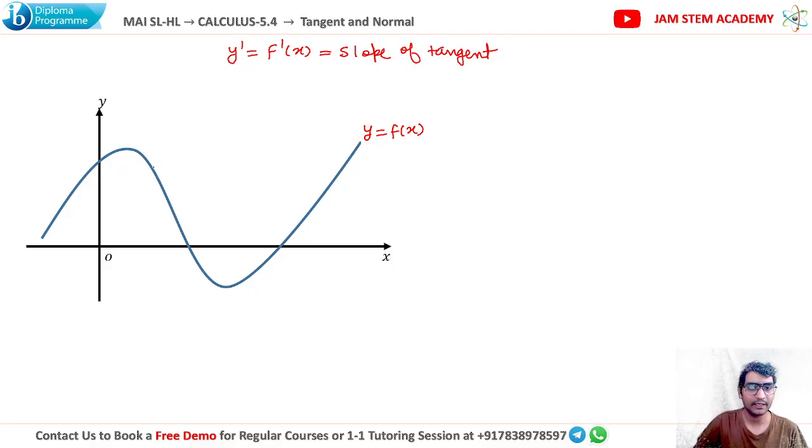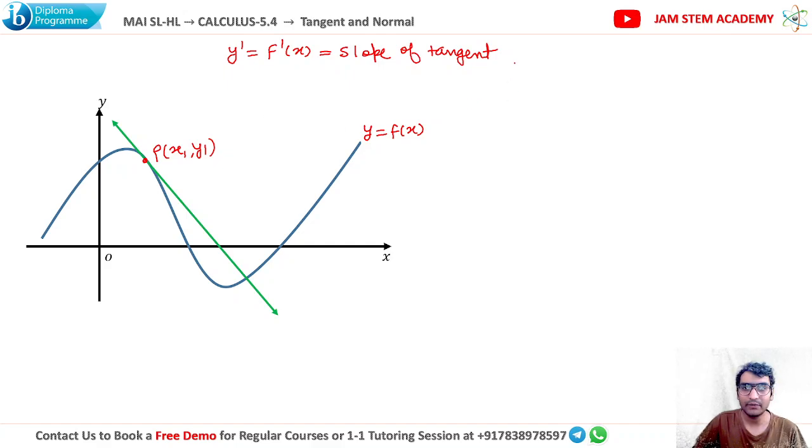Let's say there's a point, let's call it P, and let's draw a tangent line to that curve here. This is the point P, (x1, y1). So we have the slope of the tangent line at that point. Let's call this m.